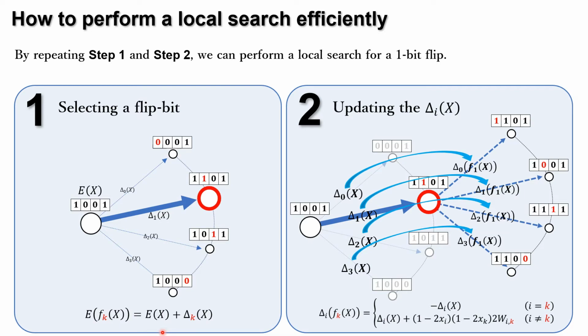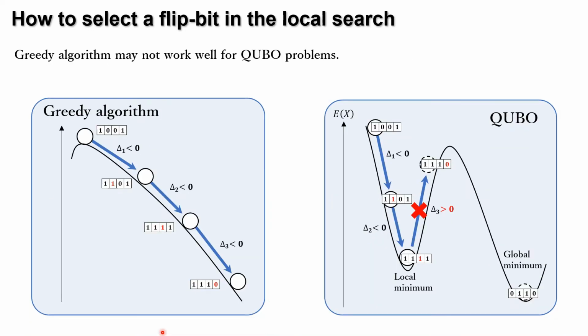Next, I'd like to consider how to select a flip bit in a local search. I think one of the simplest methods is greedy algorithm. In this algorithm, we continue to select the best transition among neighborhoods. However, it is often difficult to find the best solution of QUBO, because the solution space of QUBO often has local minimums.